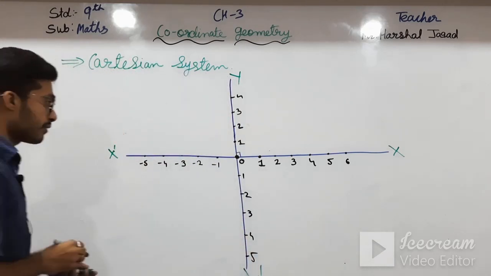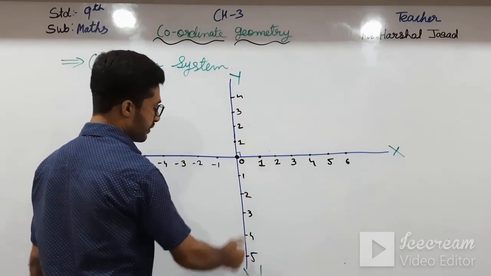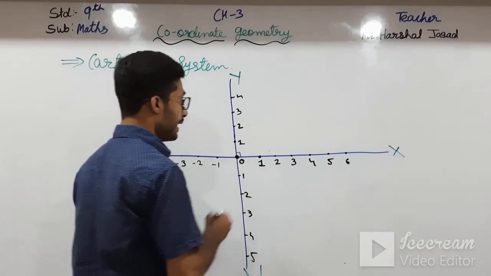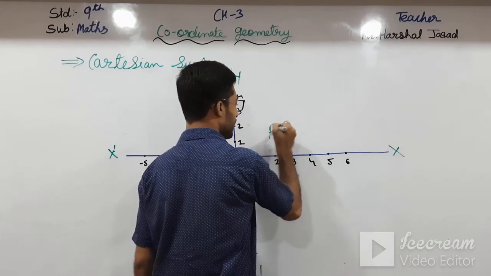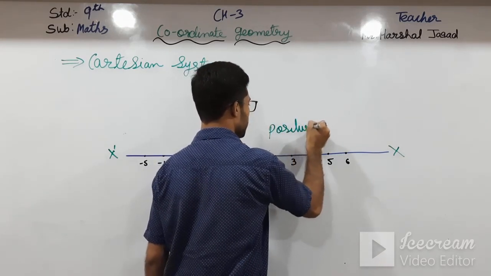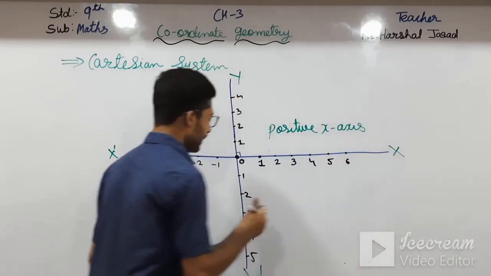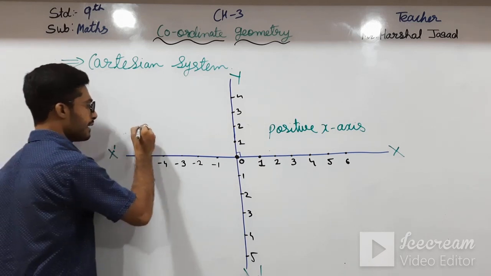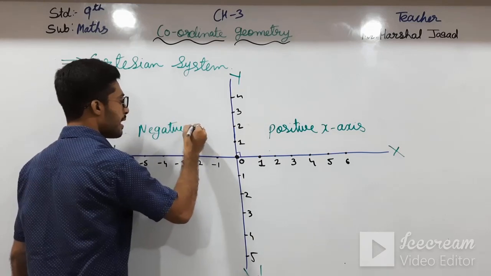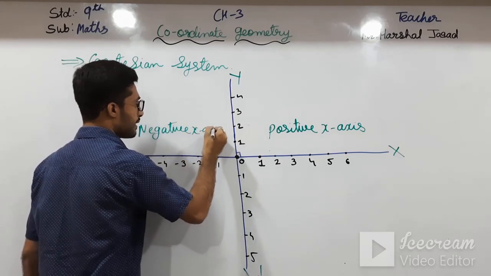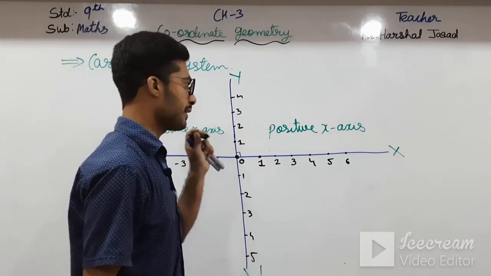See here, you can see students over here that this is known as the x-axis, this is known as the y-axis. So here I can say all positive numbers are there, then it is the positive x-axis, and here all numbers are negative, then I can say this is the negative x-axis. Okay students, we are just talking about axis, not about Axis Bank.